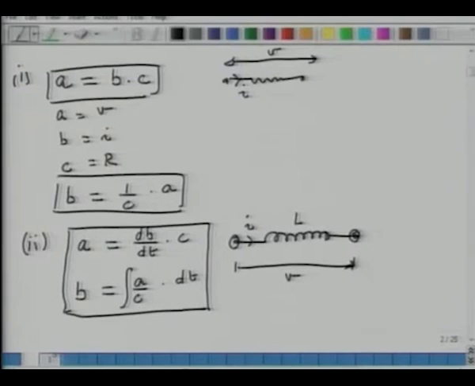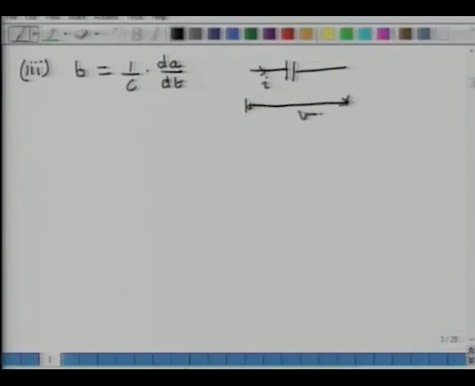Now the third type of this two-terminal element, and as you would expect, it would look something similar to a capacitor. So here, the through variable, which is B, equals 1 over C times the time derivative of A. So you have a capacitor, there's current going through it, and there's voltage, and voltage and current are related in such a way as defined by this relation.